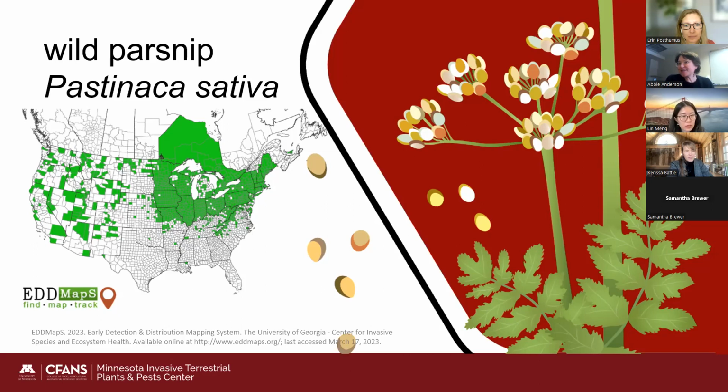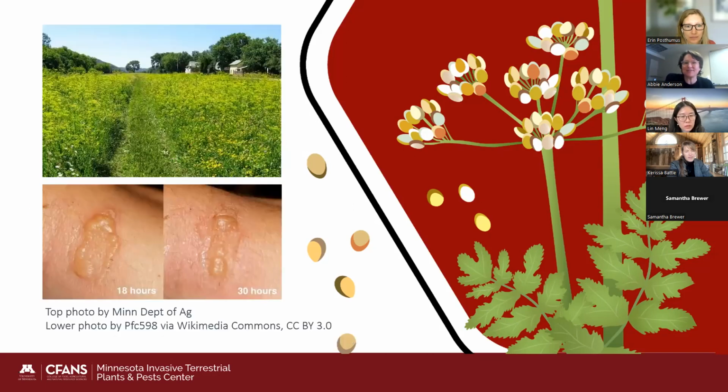And like the other invasive plants, I'm sure many of our listeners know about, they displace native biodiversity, both plants and animals, and degrade the quality of habitat for the biodiversity that we'd like to see here. Wild parsnip is also a dangerous plant for human health. It causes skin burns that can be quite severe. So if you see this plant, don't touch it.